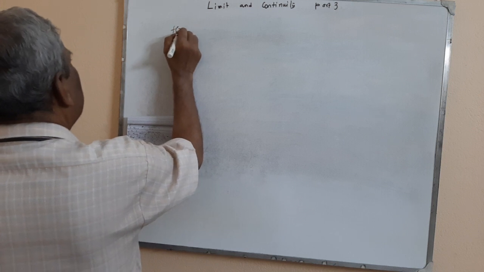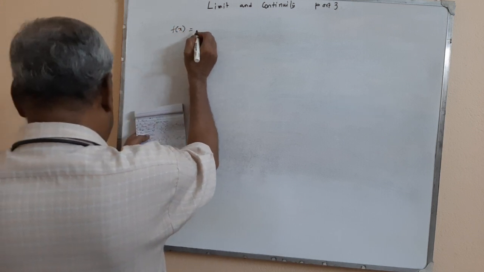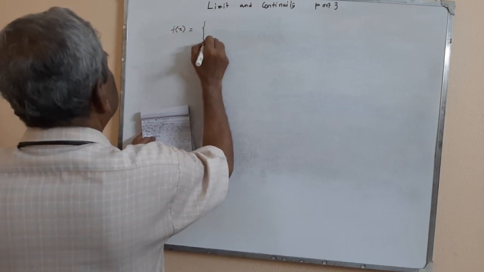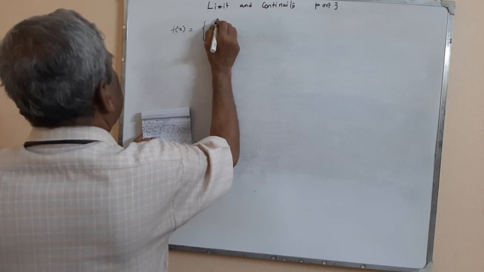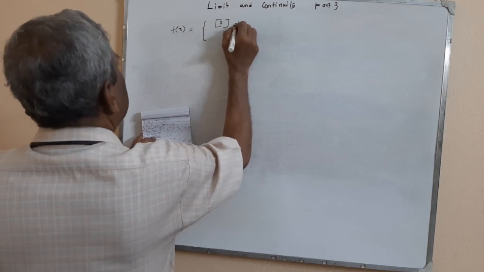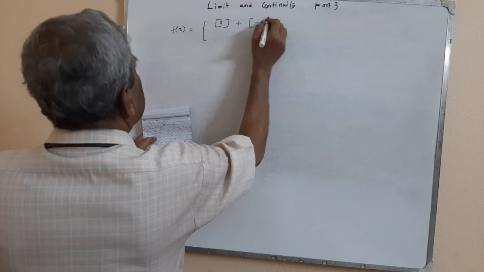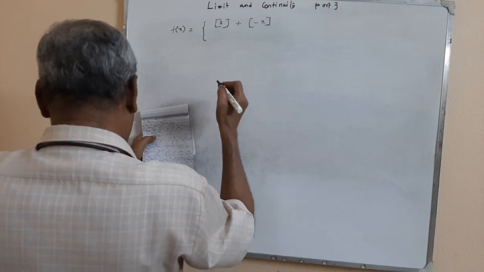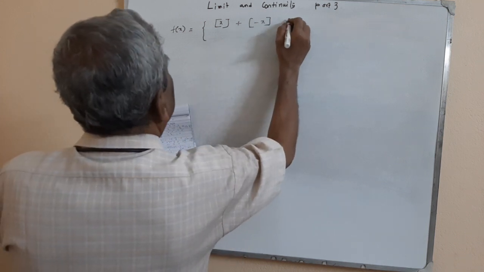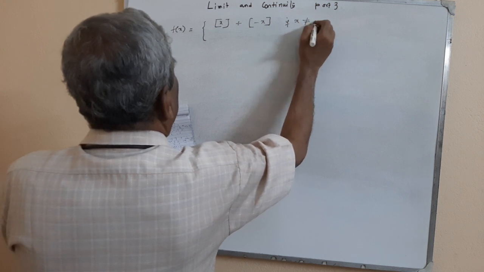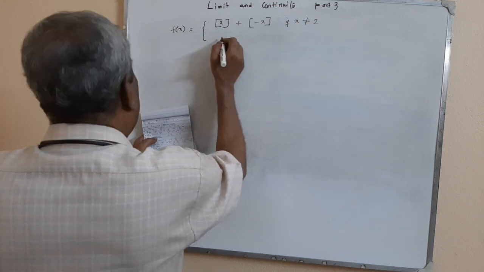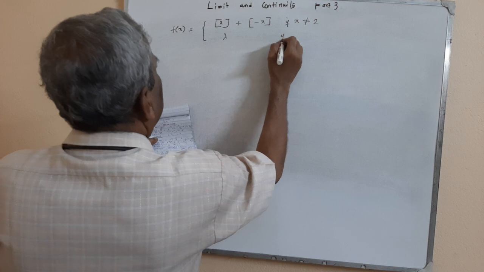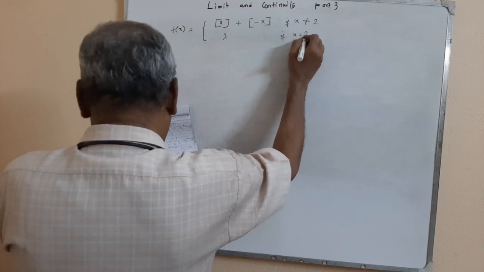Fx is equal to integral part of x plus integral part of minus x if x is not equal to 2, and is equal to lambda if x is equal to 2.